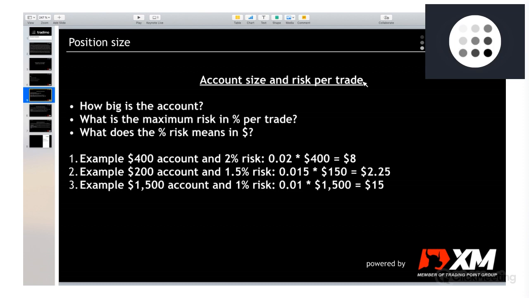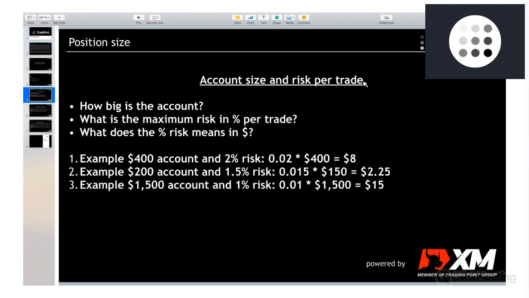The second example is, assume that you have a $200 account and you only want to risk 1.5% per trade. Then the calculation is the same. 0.015 times $200 makes $3. So in a single trade, you can risk that amount if you have an account of $200 and you don't want to risk more than 1.5%.